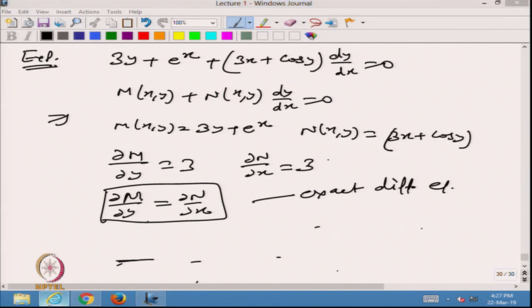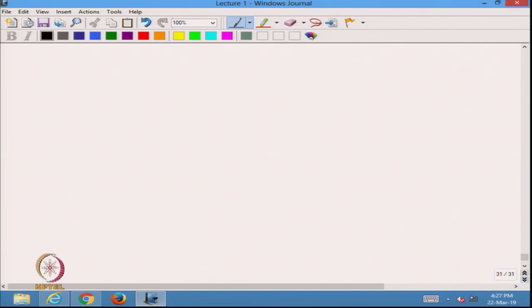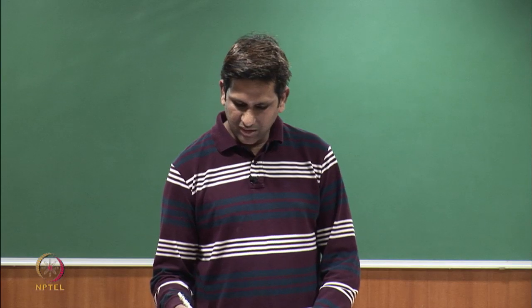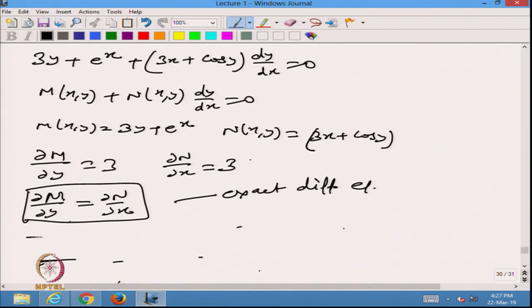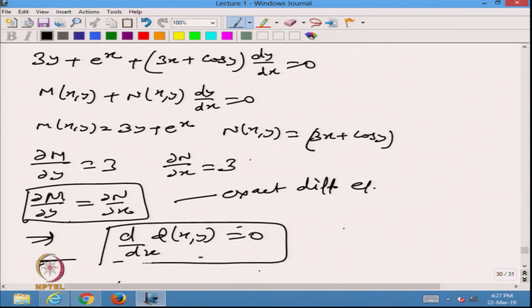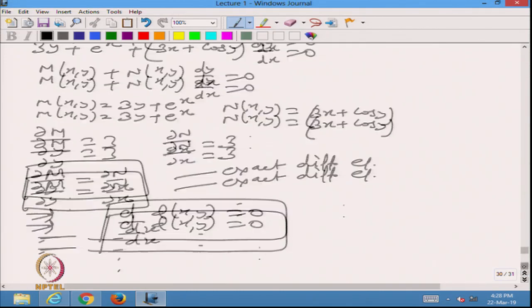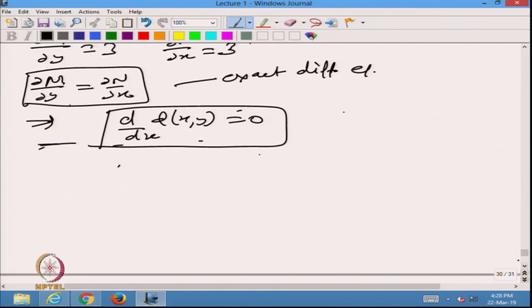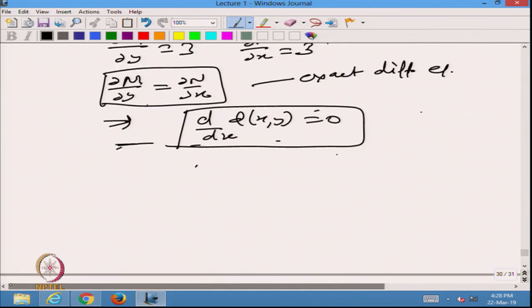So, now I want to find a function. One thing is true: I can write this differential equation in the form d by dx of phi(x,y) equal to 0. Now I want to find what my phi is.